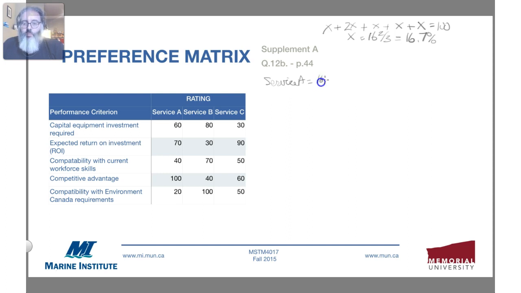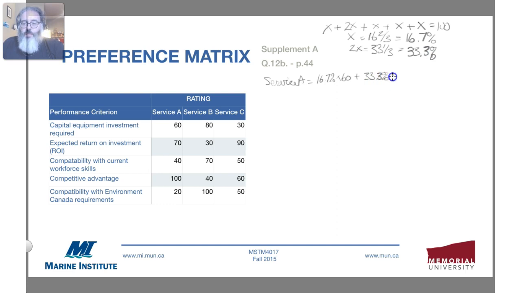So it's 16.7% times 60 plus 33.33%. Oh yeah, so 2x equals 33.33, or 33.3% roughly.